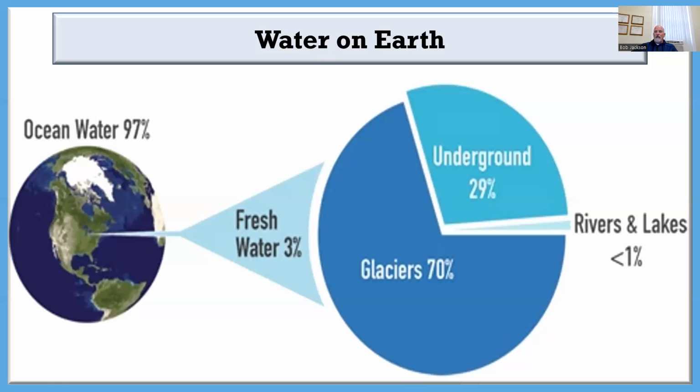Okay, but now if you take a real look at the freshwater, 70% of the fresh water that's available on Earth, 70% of the 3% of the water, is locked up in glaciers and ice. Okay, 29%, which is nearly 30%, is underground. And that's where we drill our wells.